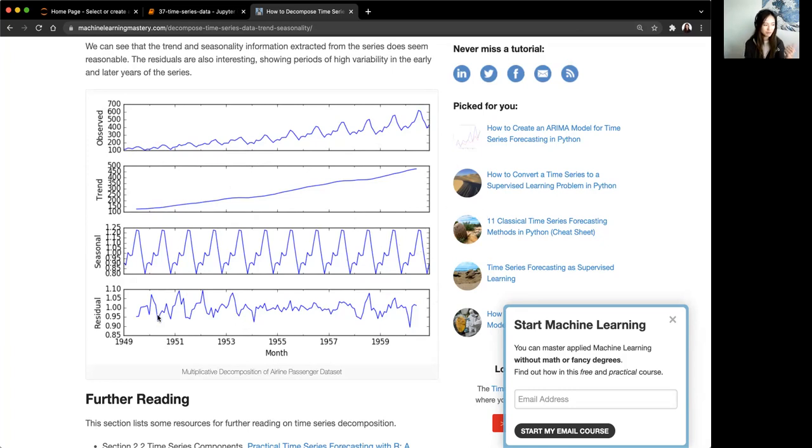And this is also a residual. These are basically parts of the time series that are unaccounted for. And these numbers over here correspond to exact magnitude. So you can see that the trend here starts at around 100 and goes up to about 500. That's kind of what you see if we were to just draw a straight trend throughout here.